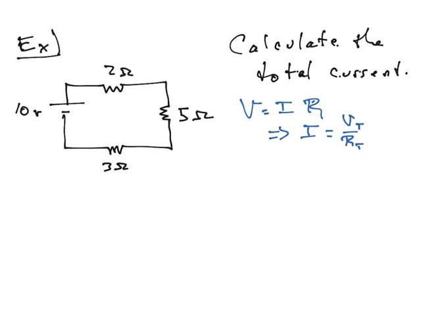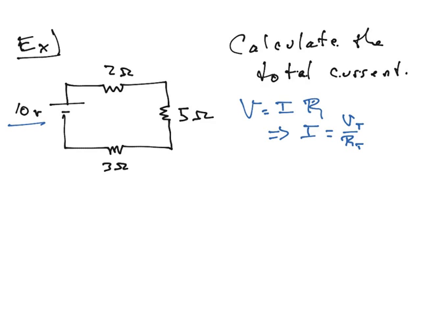So that's what I need. I need the total voltage and I need the total resistance. Do I know the voltage? Yes, of course. It's 10 volts. Do I know the total resistance? No. I've got 3 different resistors here, so I need to combine them.